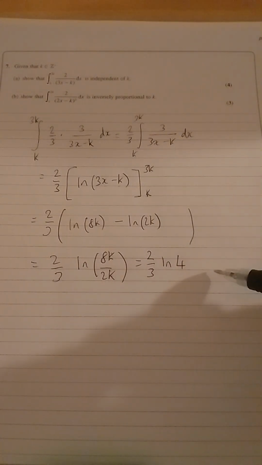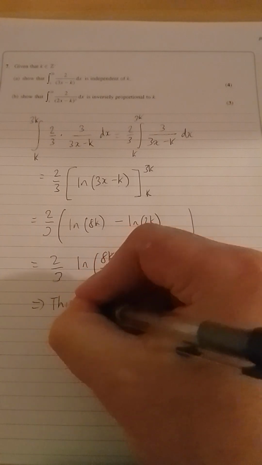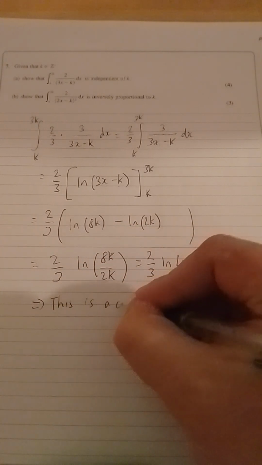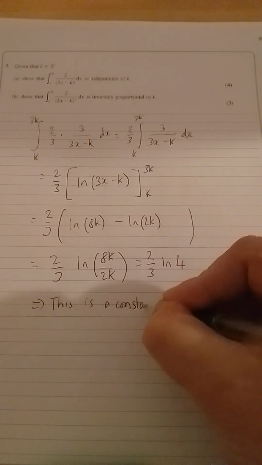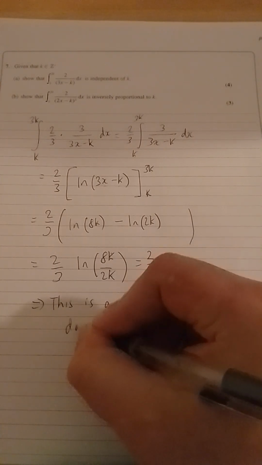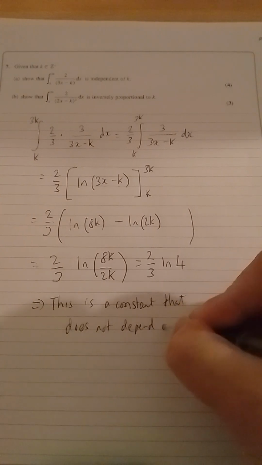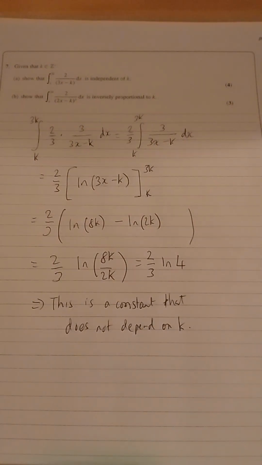And of course that doesn't depend on the value of k. So we can say this is a constant that does not depend on k. And part A of the question is now complete.